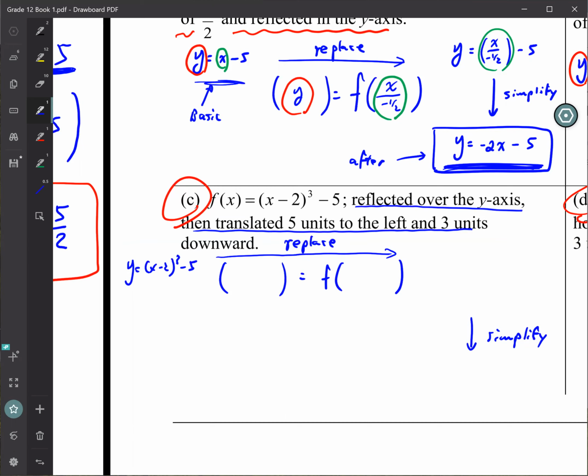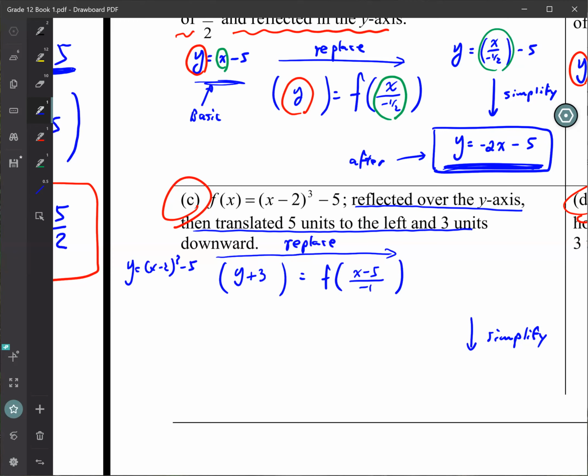Y minus 3. No, it's moving down. Moving down, y plus 3. Yeah, downward 3, and then? Equals f bracket x plus 5 minus 1. X minus 5, and then? Divided by negative 1. Yeah, very good.